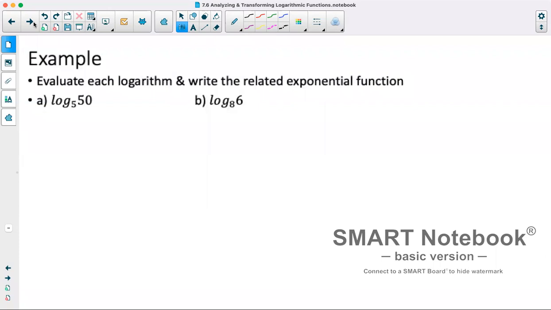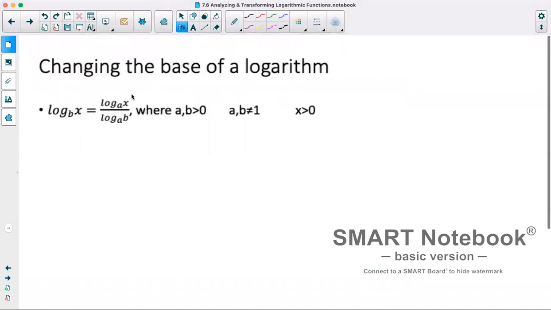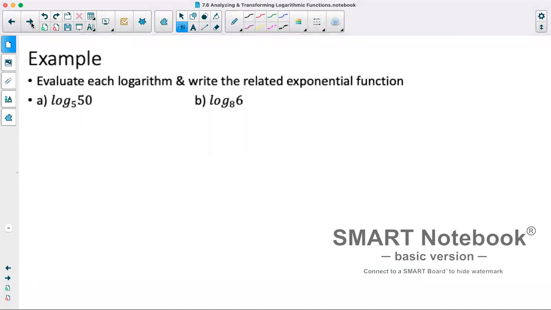So evaluate each logarithm and write the related exponential function. Okay, so what we will do is we will change this into essentially this form here, calculate it, and then utilize that to come up with an exponential function that matches this. So if we have log base 5 of 50, that would be the same as if we do the same thing in base 10.